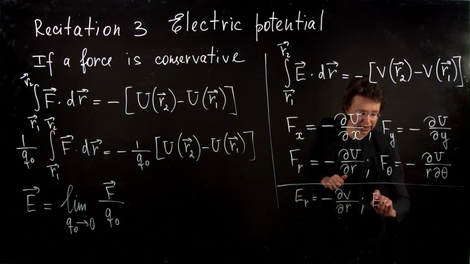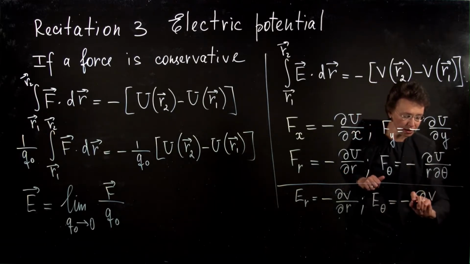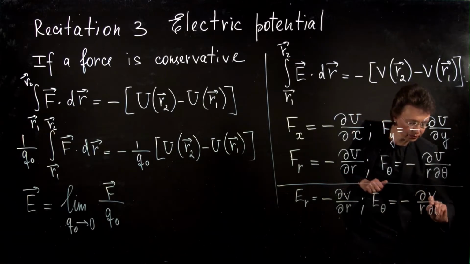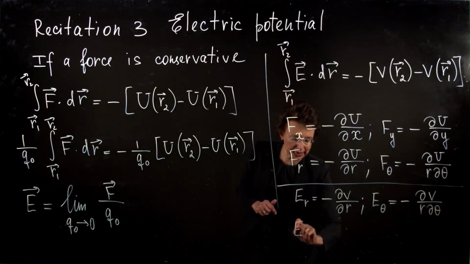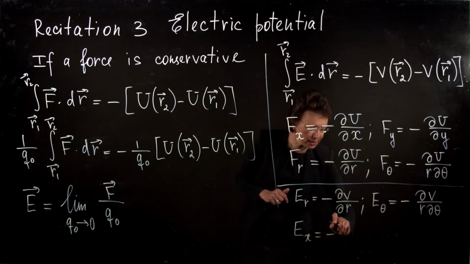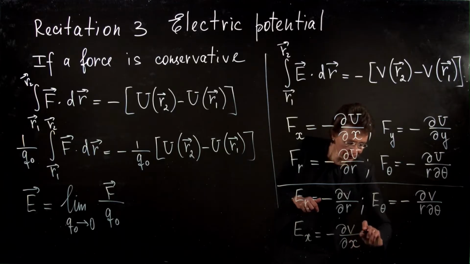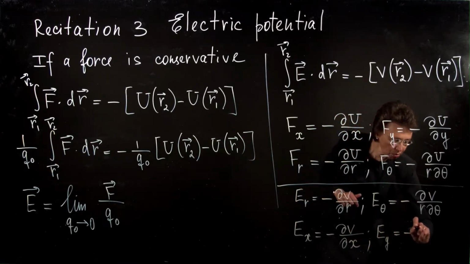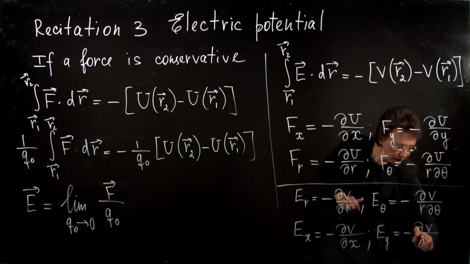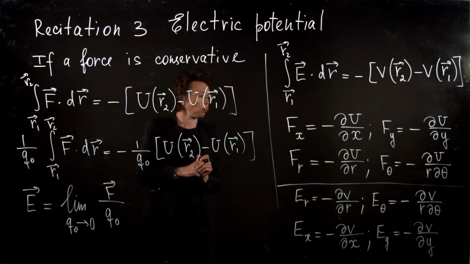And then E theta will be minus dV over r d theta. And in Cartesian coordinates, I get Ex is minus dV dx, and Ey is equal to minus dV dy. Now we have all the formulas that we need to solve problems on electric potential.